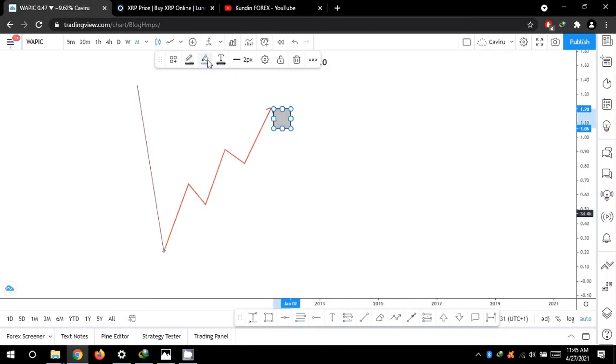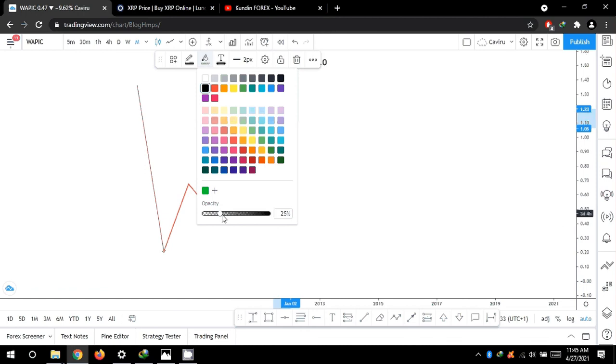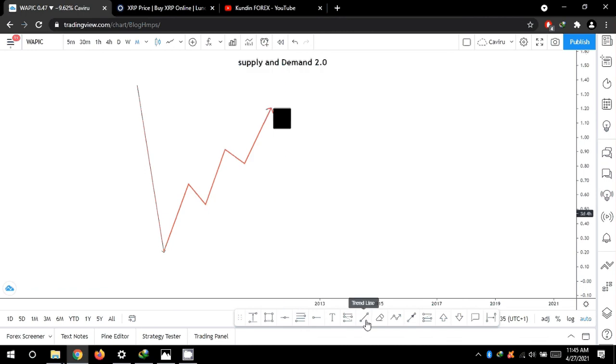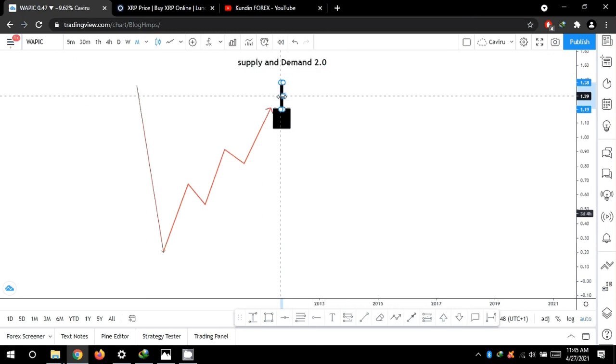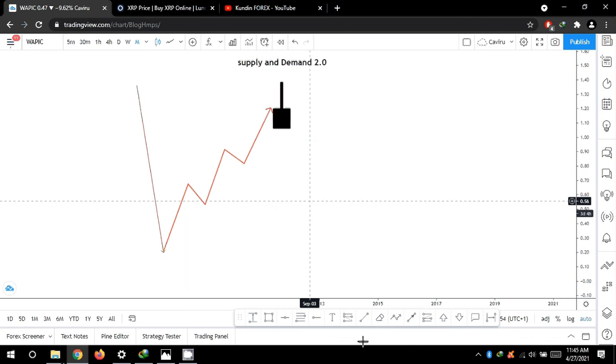So let's draw a pin bar, which, yes, represents our supply level. It doesn't matter how the wick is. Remember, this was just for illustration purposes.